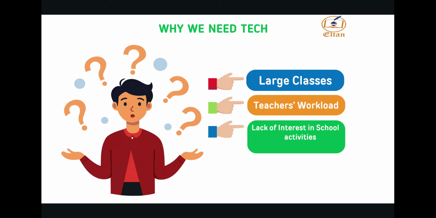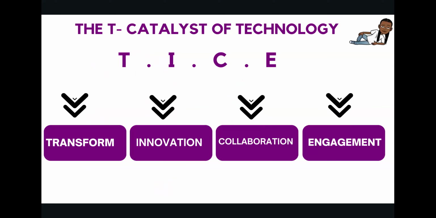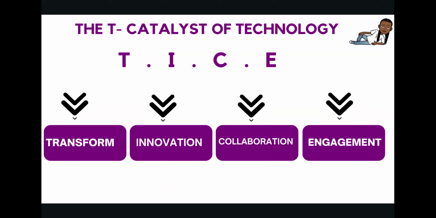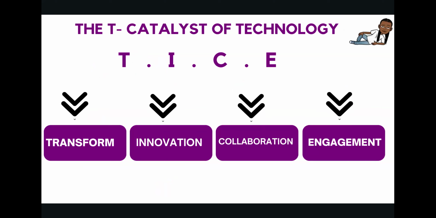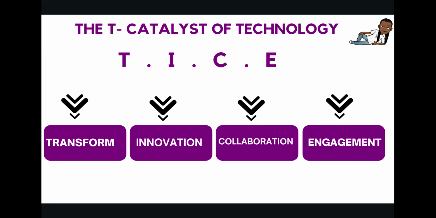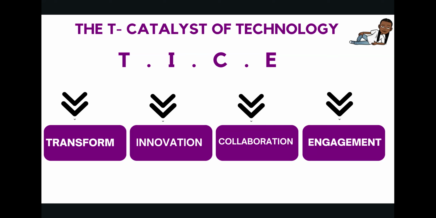And that is where we need to understand, first of all, the catalysts of technology. What really fuels you integrating tech in your classroom? We've talked about why we need technology. Now, what fuels that integration or using it in your classroom? The first thing you need to know is that it transforms learning totally. Secondly, it also brings about innovation. You're able to create something new from technology.